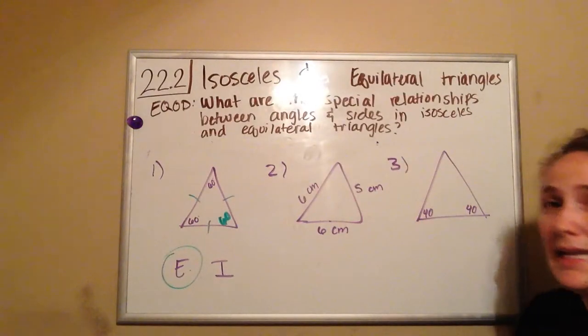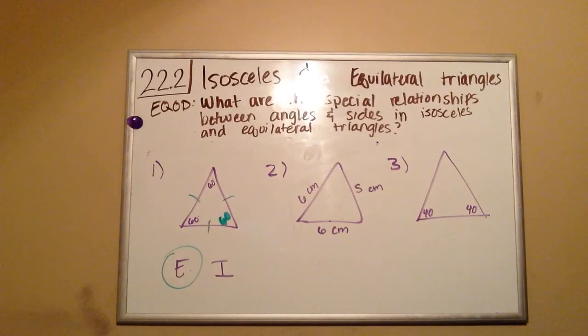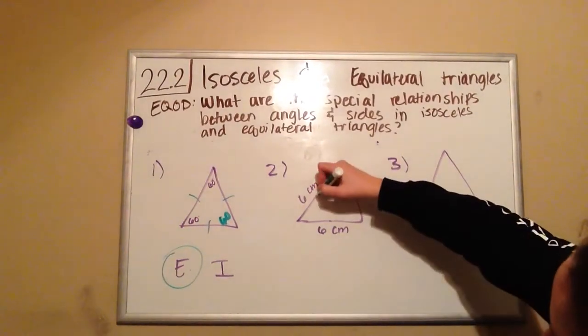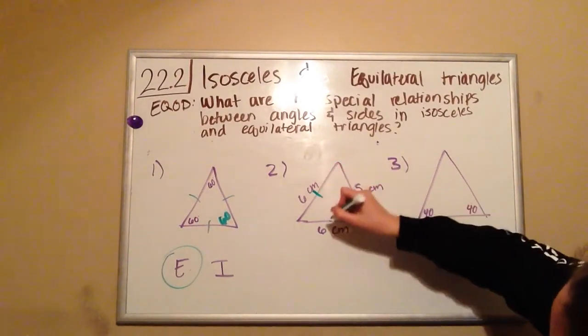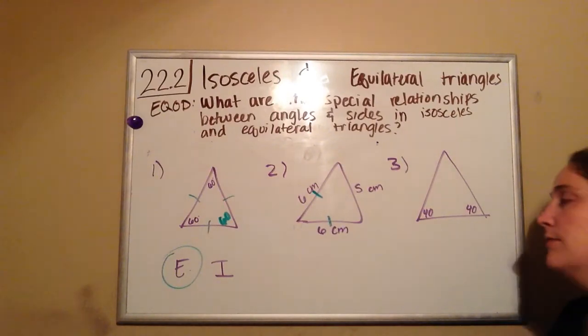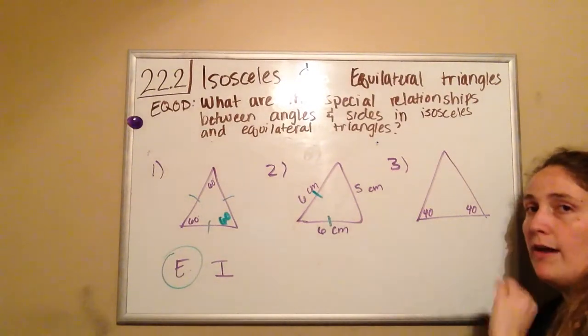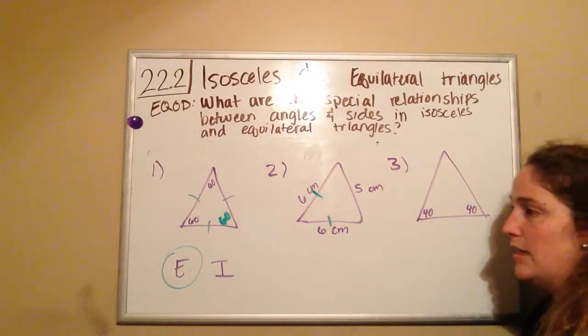Okay, number 2. Number 2 gives us all 3 side lengths. It's got 6 centimeters, 6 centimeters, 5 centimeters. For me, it helps to draw in the dashes, so I'm going to say, okay, well, this side is congruent to this side. It is not equilateral, because if it was equilateral, it'd be 6, 6, 6, or 5, 5, 5. Everything would be equal, so it's not equilateral.